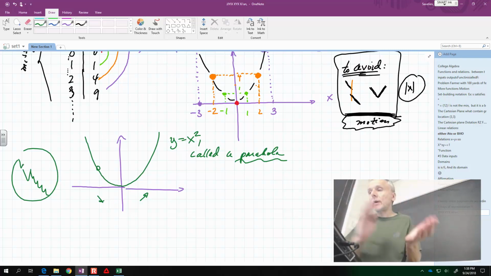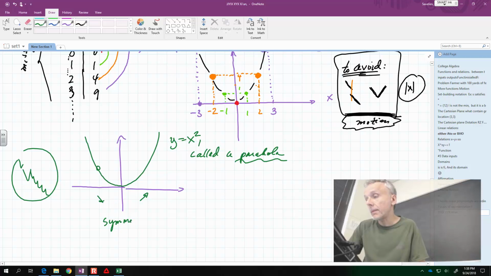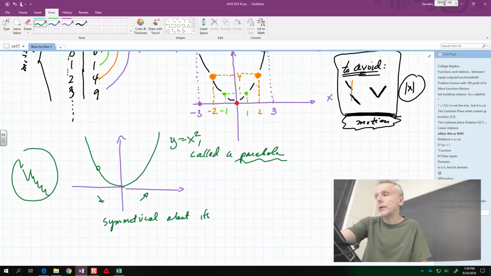How about you compare the left side to the right, left half to the right half? They're symmetrical. That's another big deal. So it's symmetrical about the vertical line.